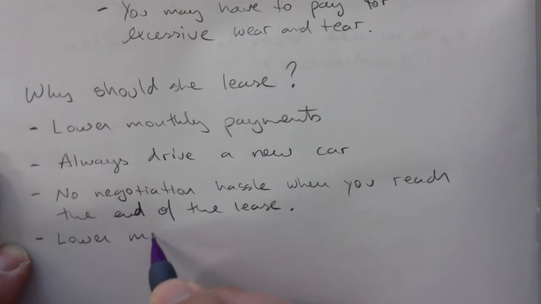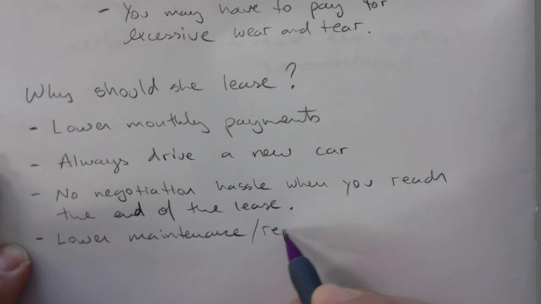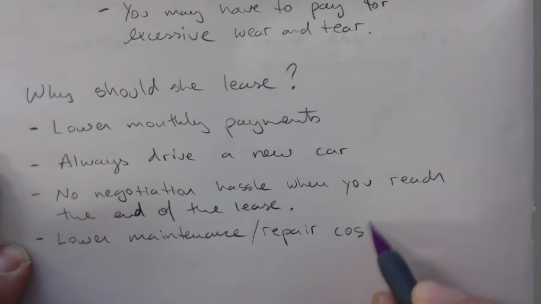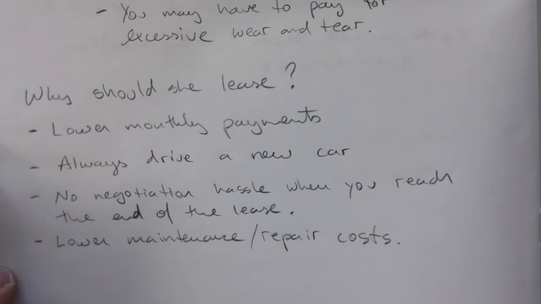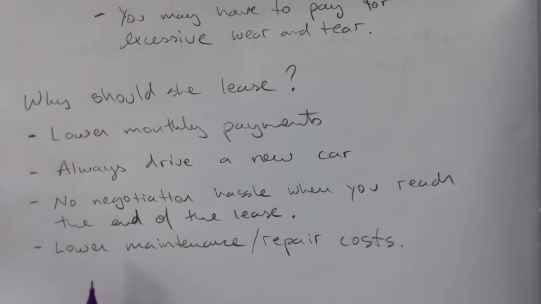Lower maintenance costs. And this goes without saying that if they ask you to explain, you have to explain. You can't just say lower maintenance costs and leave it at that. You'd have to add a little something.